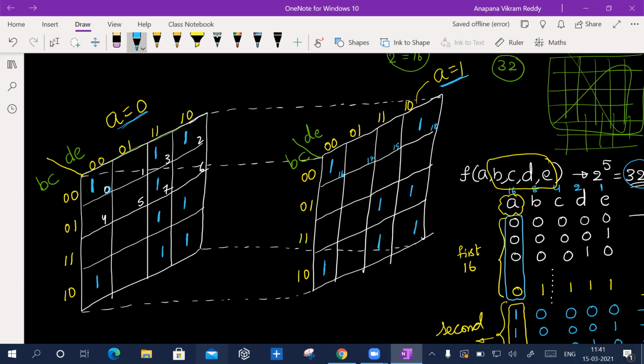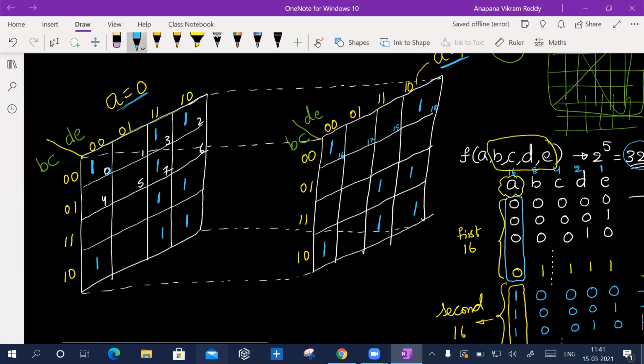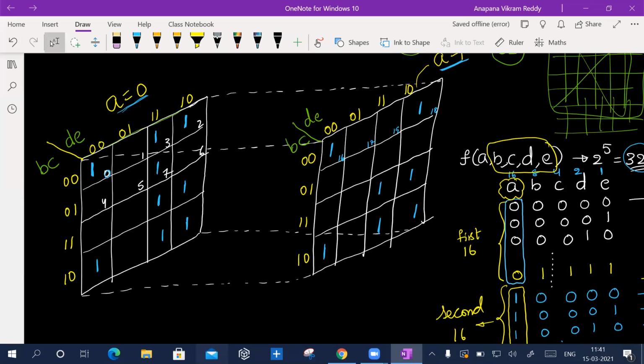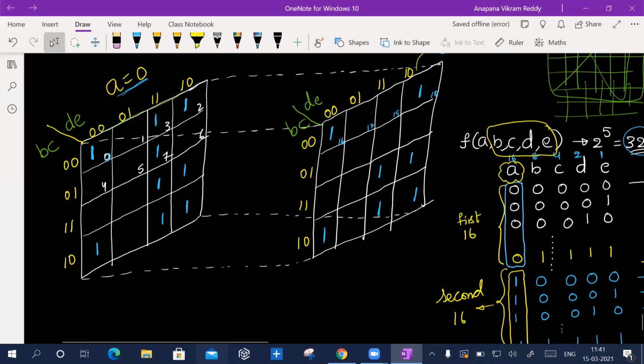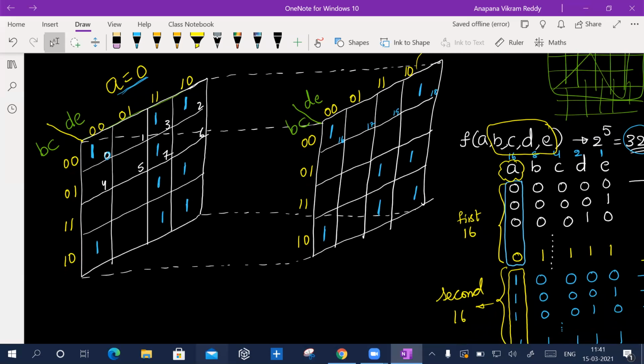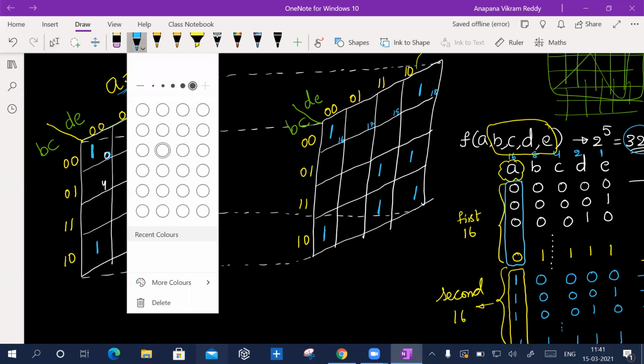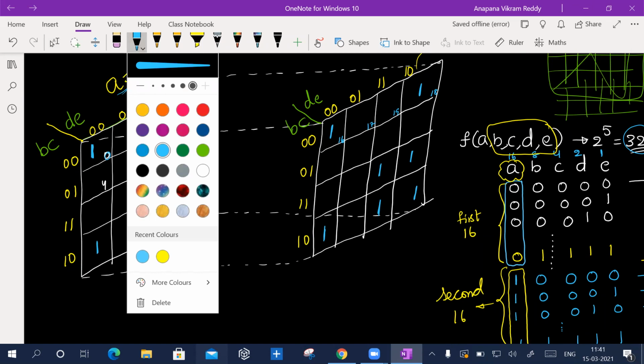For example, I have this and I want a simplified expression. Now you tell me, if you put one K map over the other K map, for example, I want to put the A is equal to 1 K map over the A is equal to 0 K map, then what do I get? How many cells can I group? How many ones? Any vague idea? One, 2.